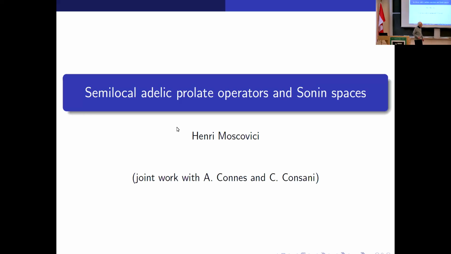All right, so I'm going to talk about the joint work with Alain and Katia Consani, which is promoting these actors to the level of the semi-local framework. But in addition to what's in the title, I have to start with another gadget, which was also formulated by Alain, which is not a spectral triple.